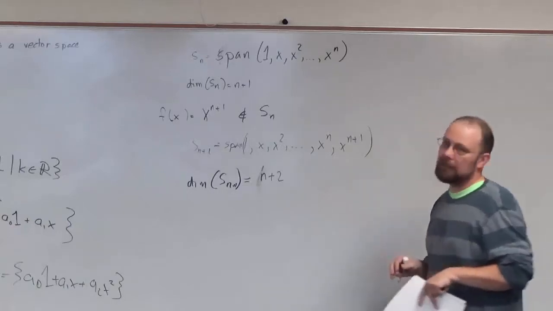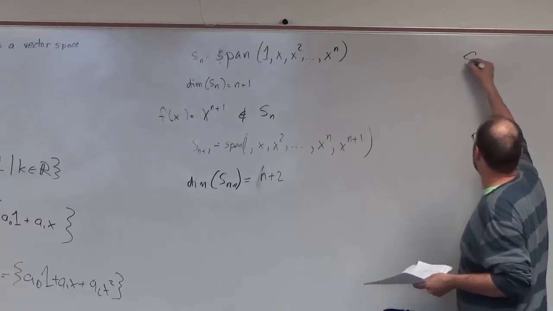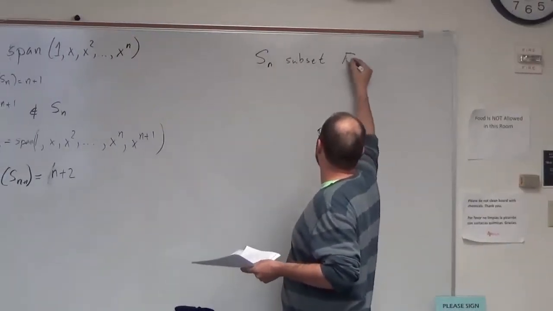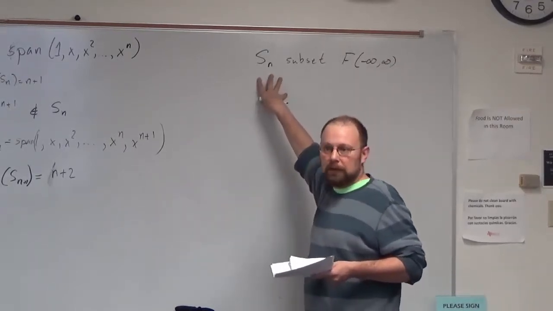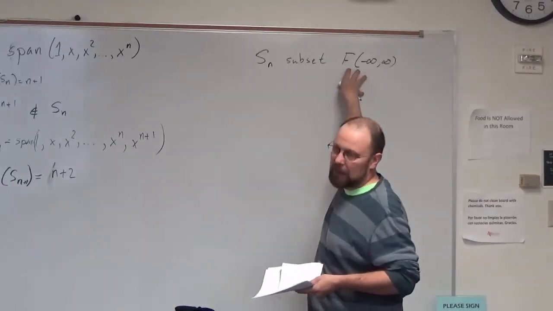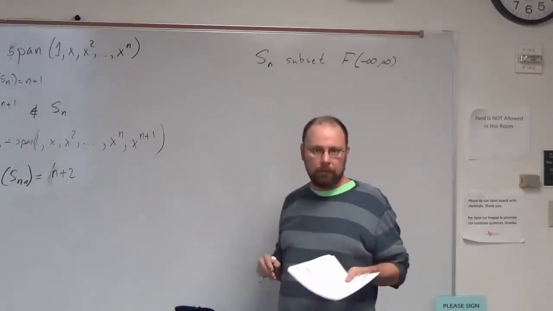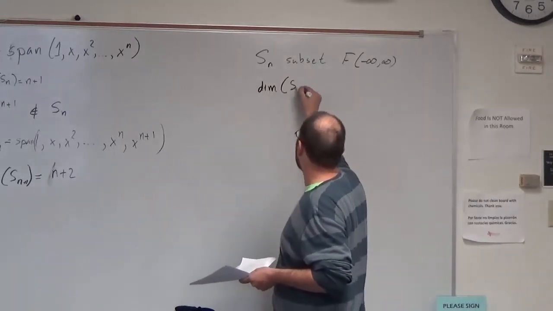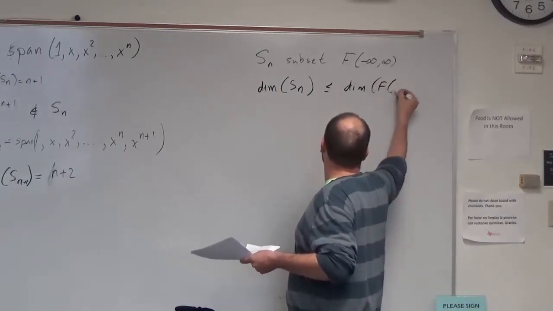So that proves that there is no largest dimension, which means that this set must have infinite dimension, because you can always find a subspace of whatever dimension you want.